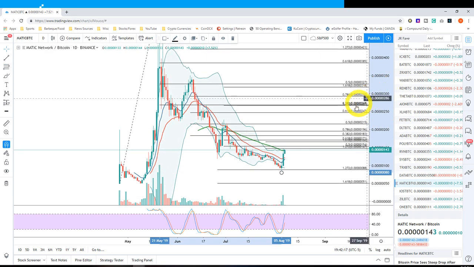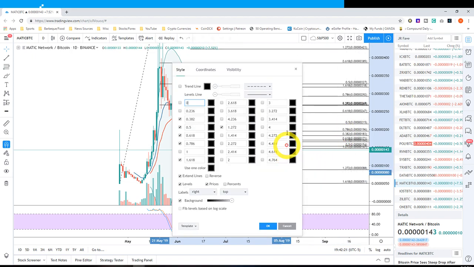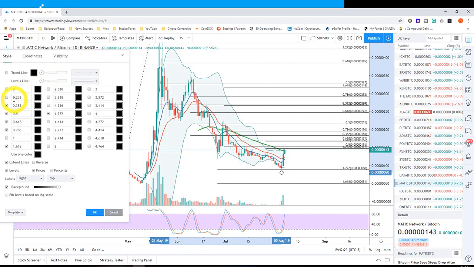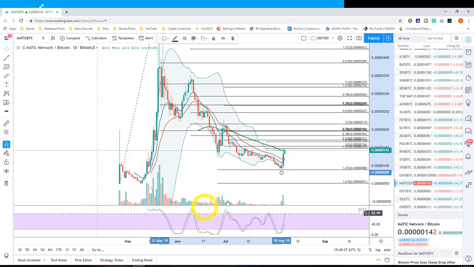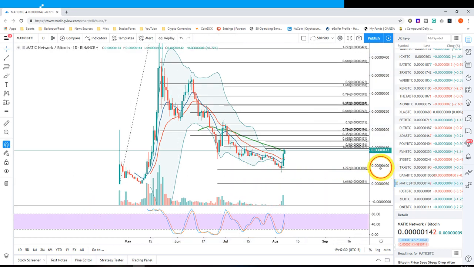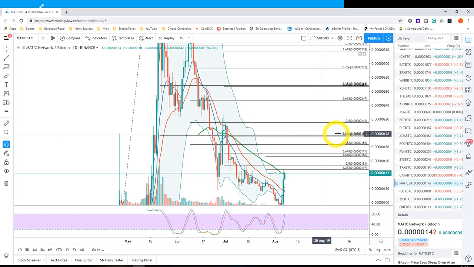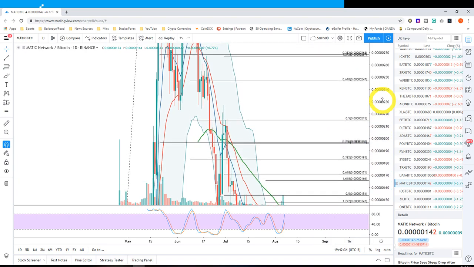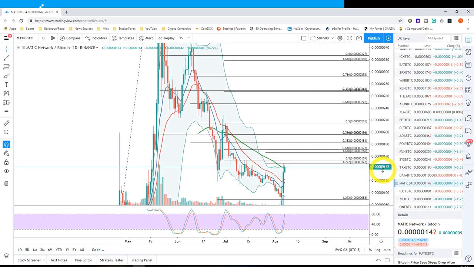And let's just go see where the 23.6 is. Okay, so here you go. So I've got a 23.6 and a 78.6, it looks like.